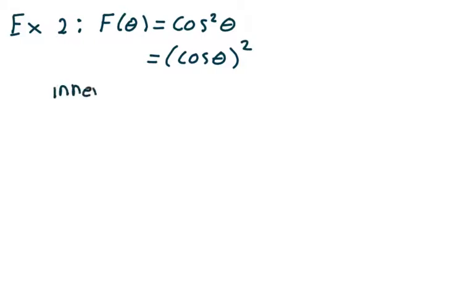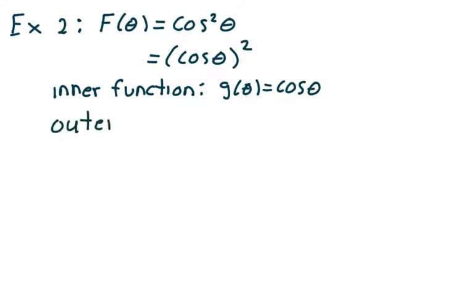So the inner function, we'll call it g of theta, is cosine theta. The outer function, well, that's f of theta is theta squared.